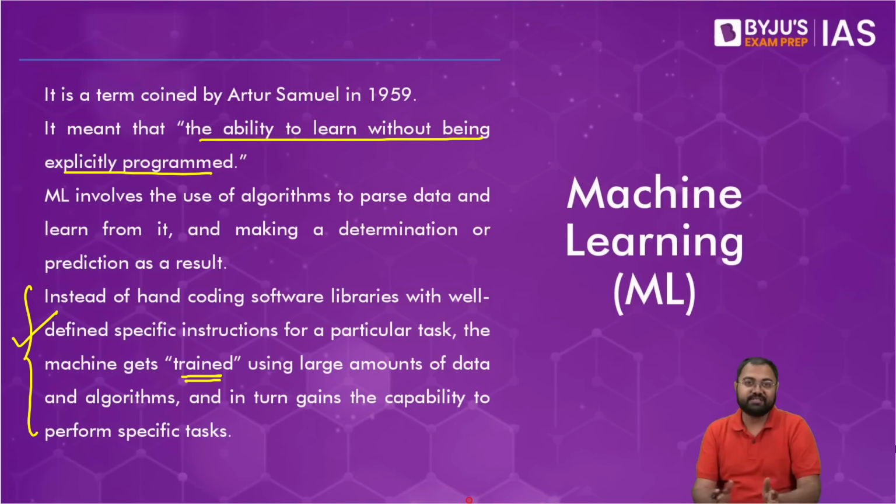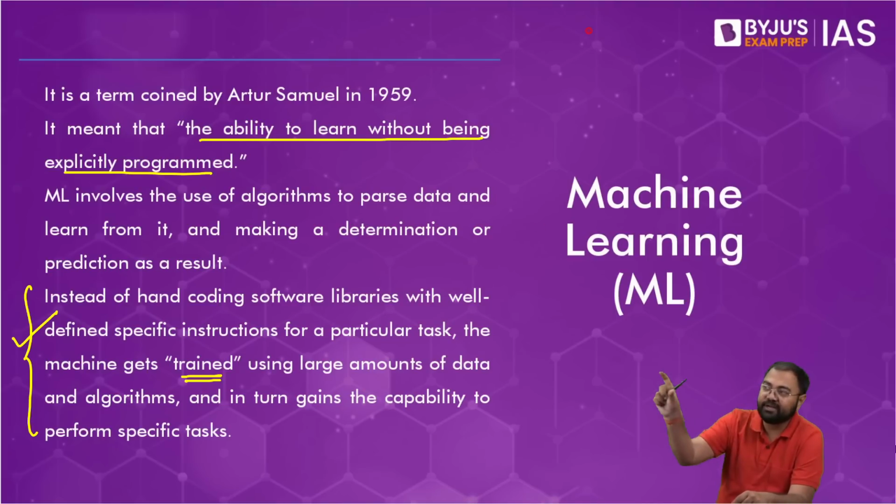Let me give you another example. Let's say you use a calculator. A calculator is a simple machine: you type 2 plus 2 equal to and you get the result 4, not based on artificial intelligence, just programming done so that it gives you the correct mathematical result. Let's say the same calculator was using machine learning.